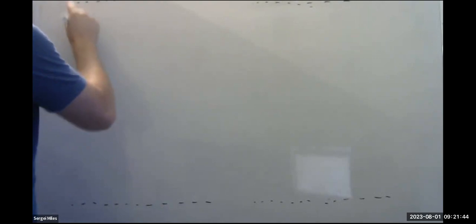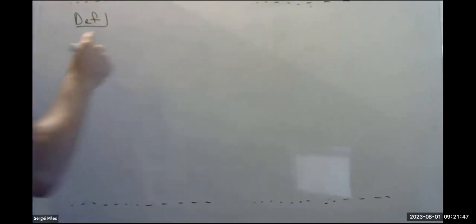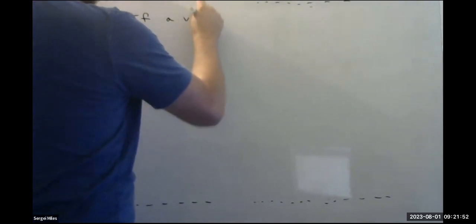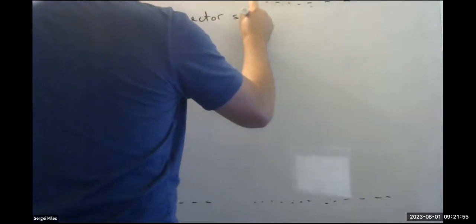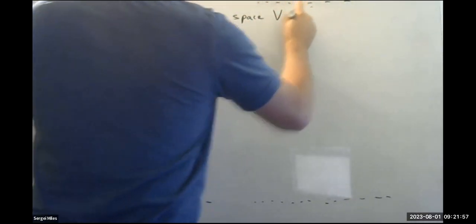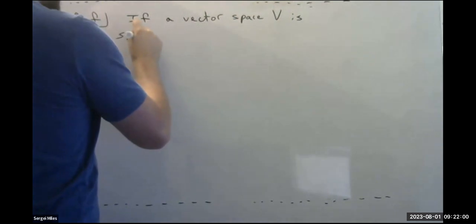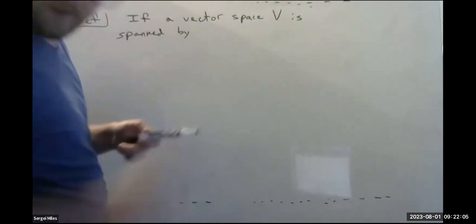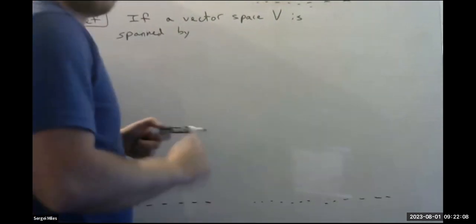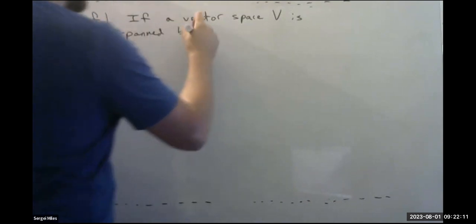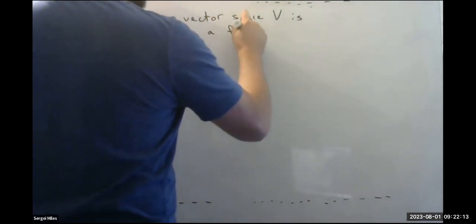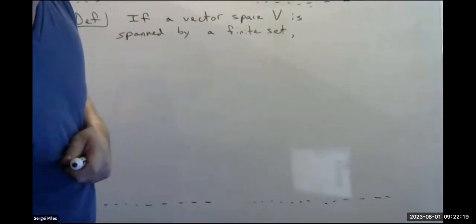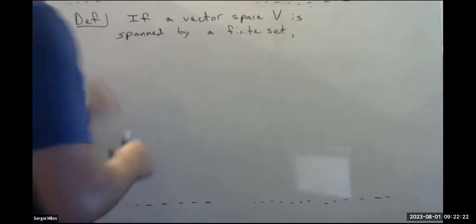So, definition: if a vector space, capital V, is spanned by a finite set, so there are a finite number of vectors that its span can be written as, then what can we say?